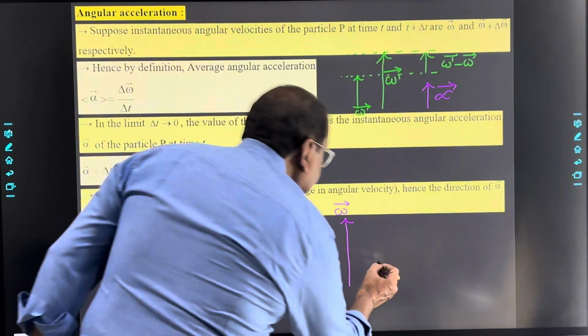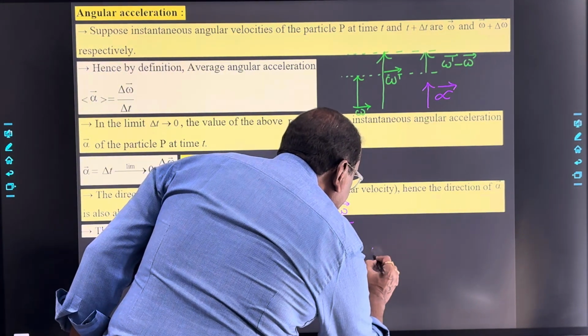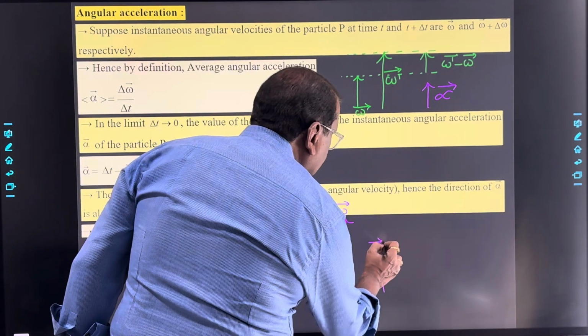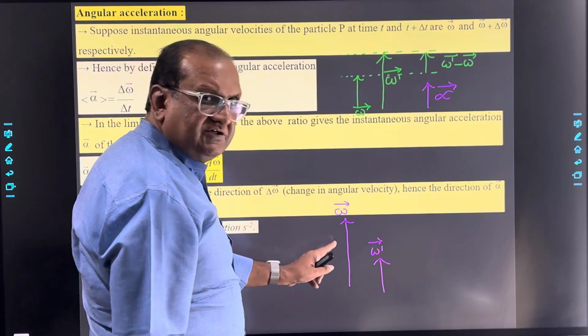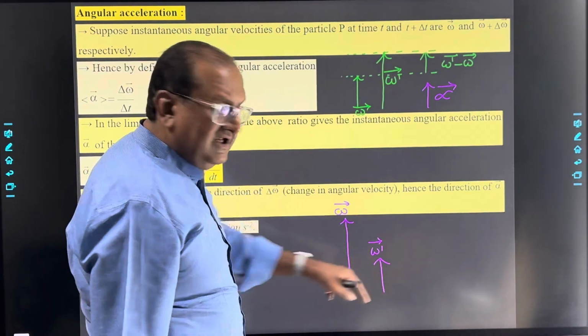So now the second vector you can represent like this, omega dash. Now omega dash minus omega, so you have to take minus omega in the opposite direction.